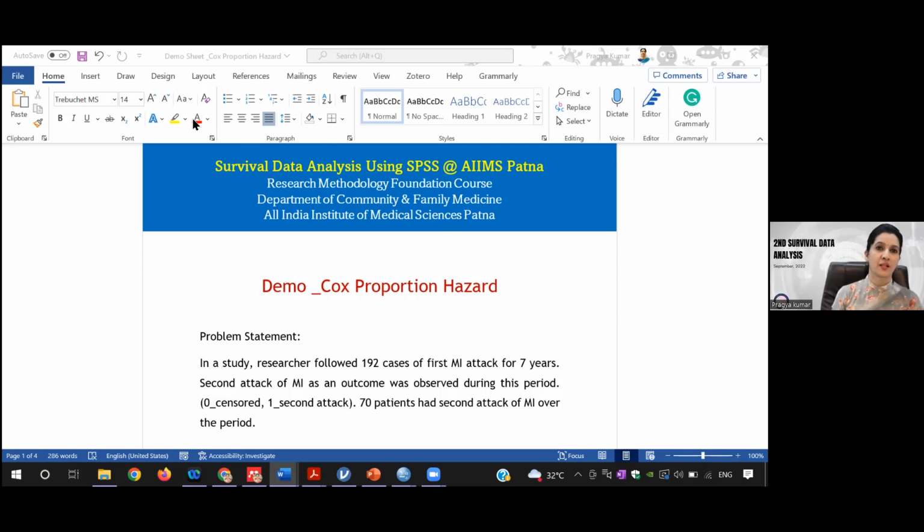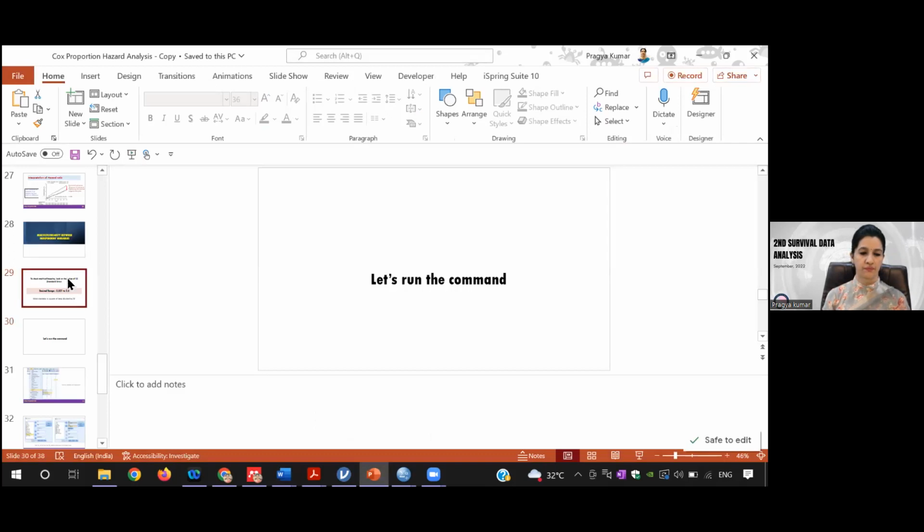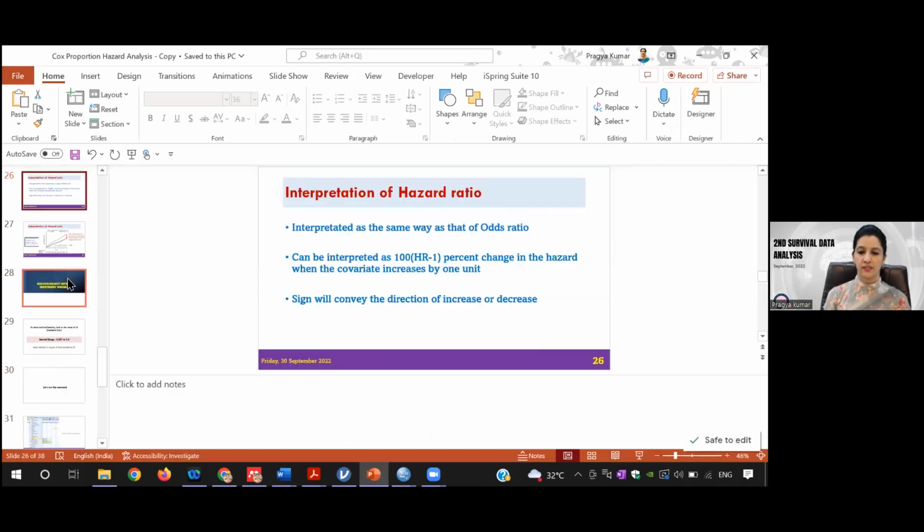So you have asked one question, what do we mean by HR minus 1 or 1 minus HR? Basically we multiply by 100 because that is in the form of a fraction. If you see the formula which I have just shown, it is basically 100 multiplied by HR minus 1.